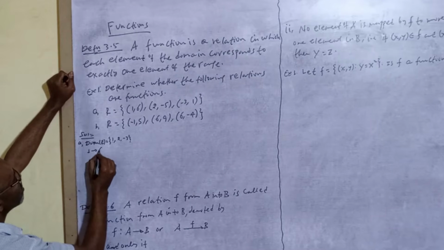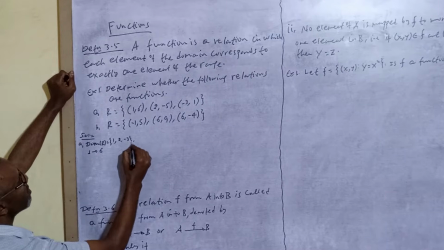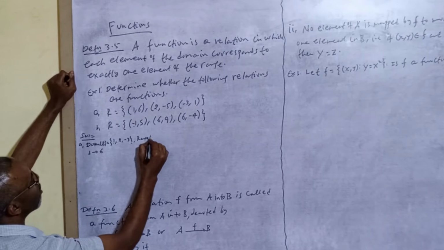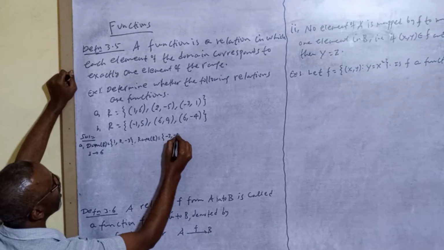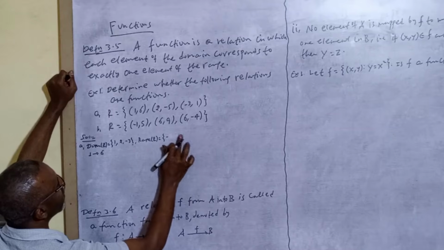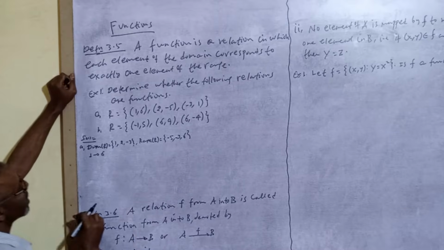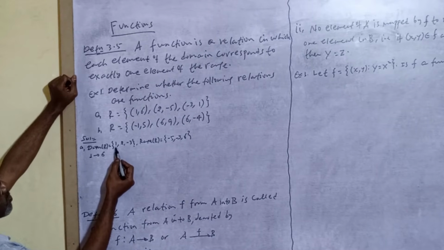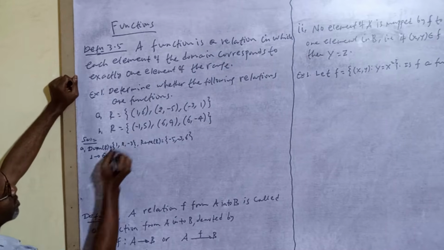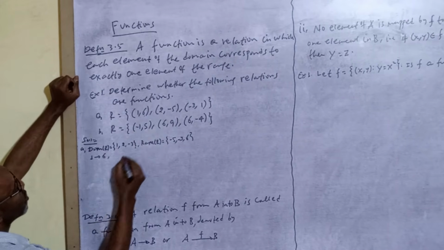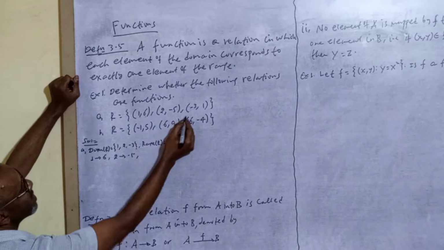The range of r is the set containing -5, 1 and 6. The domain of r corresponds to the range of r: 1 corresponds to 6, 2 corresponds to -5, and -3 corresponds to 1.